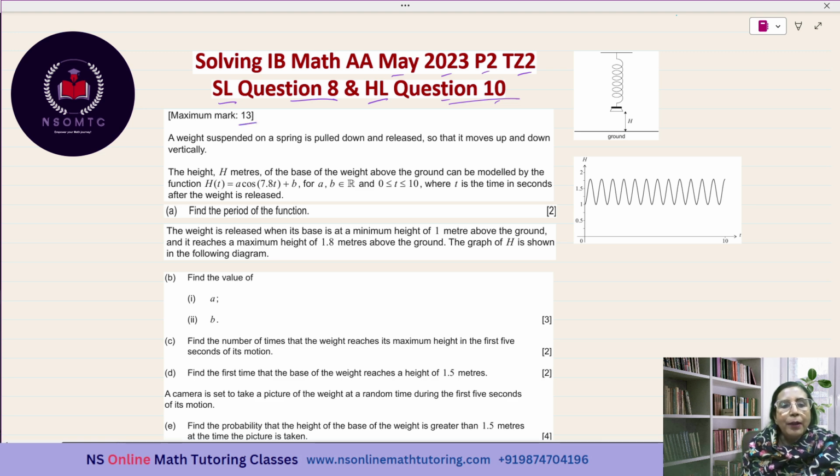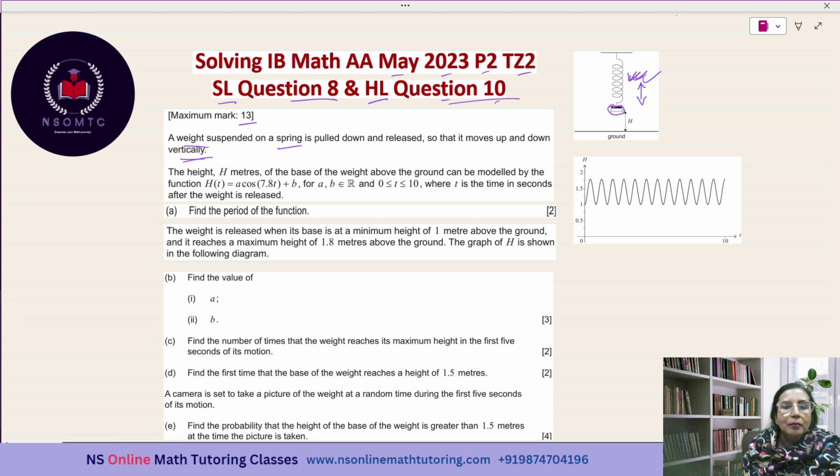It is saying a weight suspended on a spring is pulled down and released so that it moves up and down vertically. This is the weight, and this is the spring, and it is pulled down so that it moves up and down vertically.